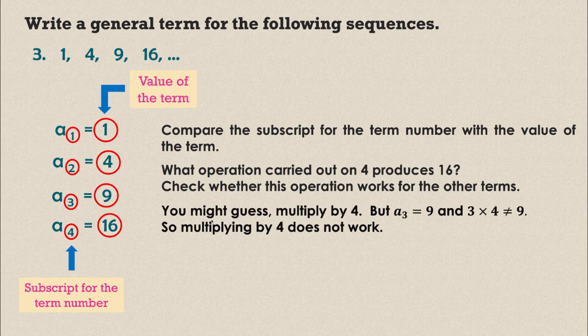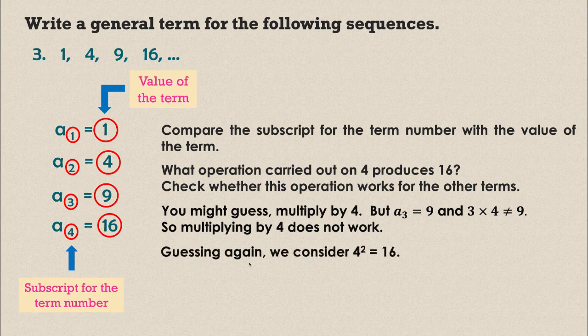So, you might guess, multiply 4 by 4. So, 4 times 4 is 16, yes. But if you use that same process here, meaning if you multiply this 3 by 4, 3 times 4 will not give you a 9. Because 3 times 4 is 12. It's not equal to 9. Therefore, multiplying by 4 does not work in this example.